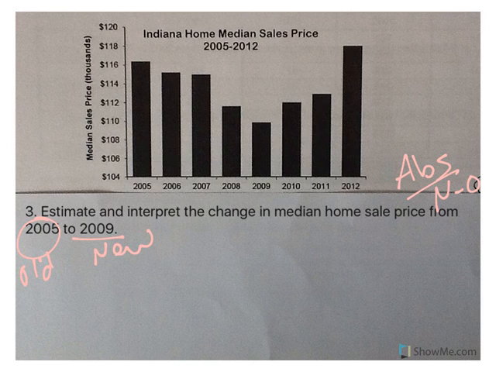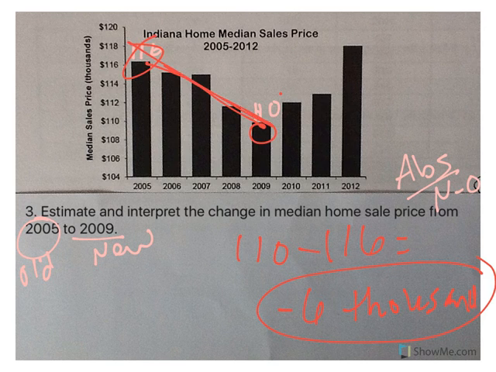So 2009, we know we're using 110, and in 2005, I believe I used 116. So my new value is 2009, which is 110, minus old, which is 2005, 116. So my answer is negative 6,000. So now you can see I have a negative answer, and a negative means a decrease. From here to here, it went down.